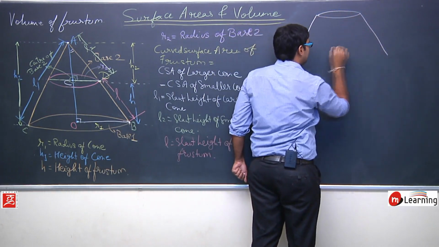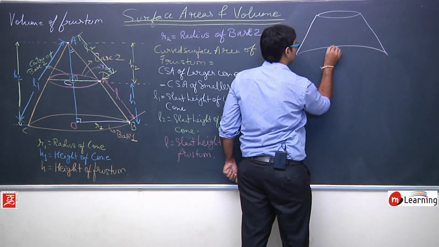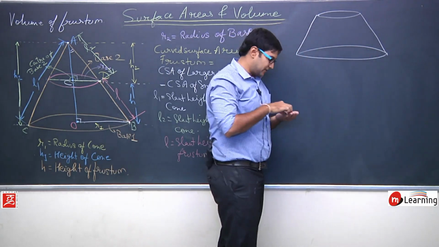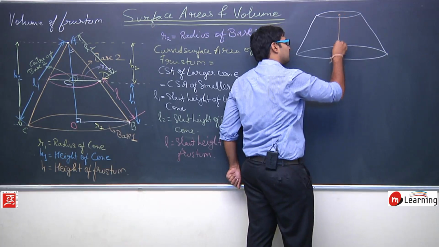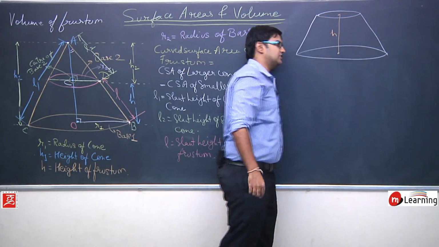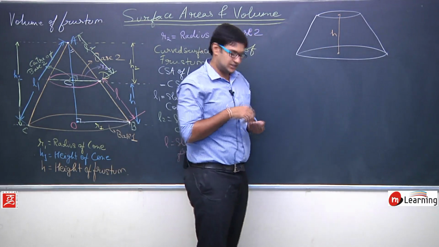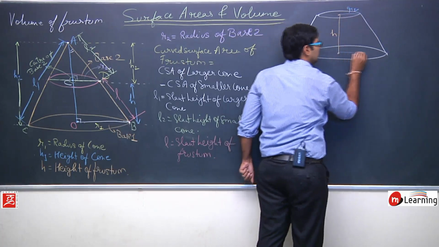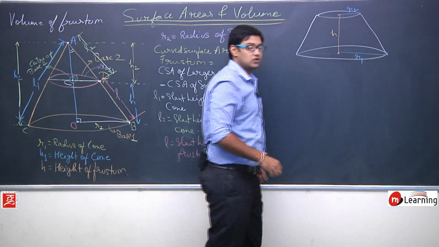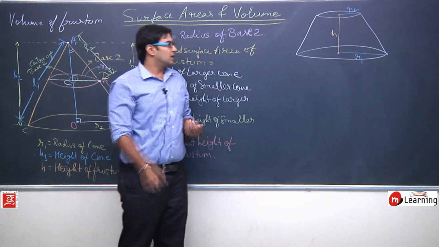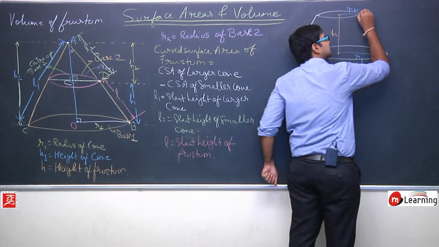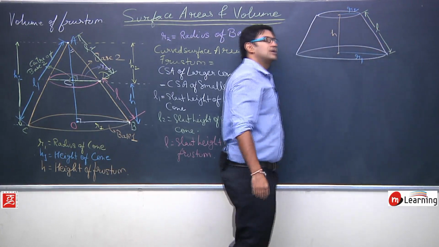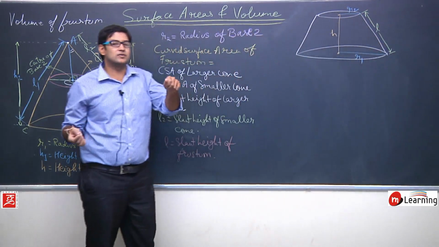This is the frustum that we have, and in this frustum, this is the height of the frustum, H. Okay, this is the distance between the two bases, and this is the radius of the above surface, that is base 2, and this is the radius of the smaller surface, base 1, R1, and slant height of this frustum is this length, that is the distance between the two corners of the two bases.